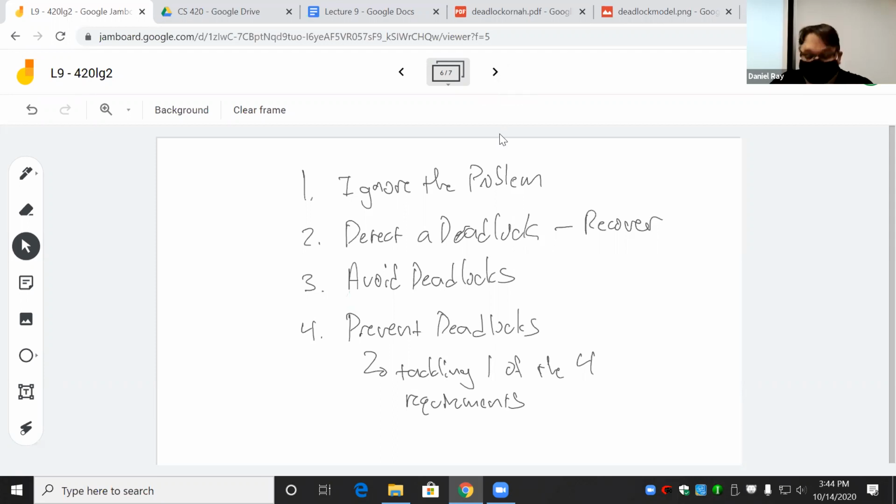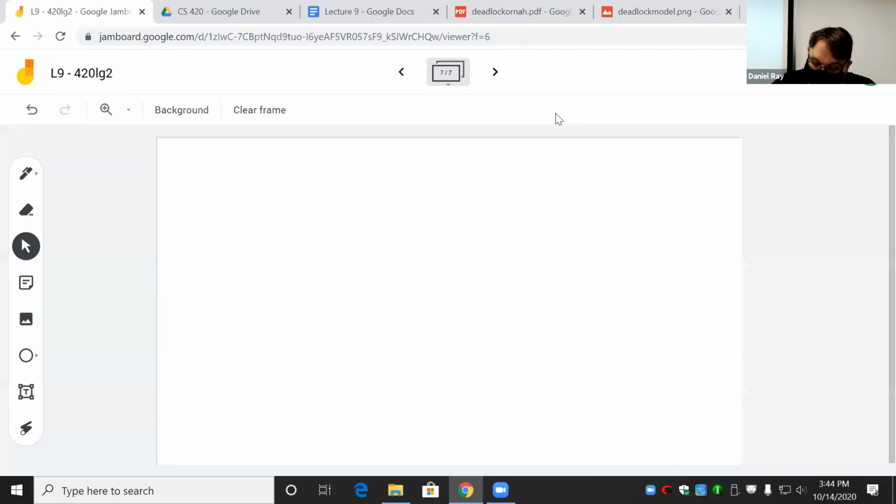All right, so first off, deadlock detection. Let's talk about different system states.